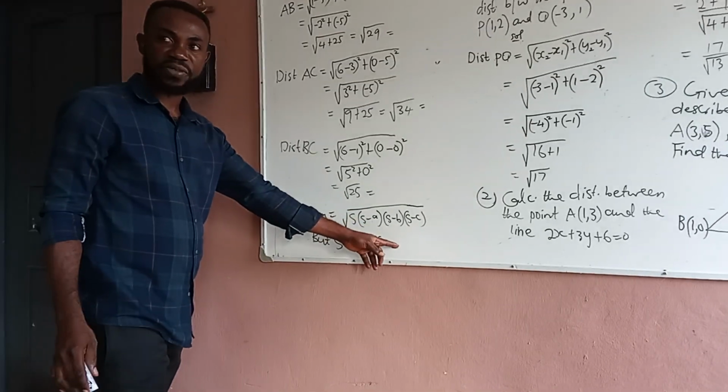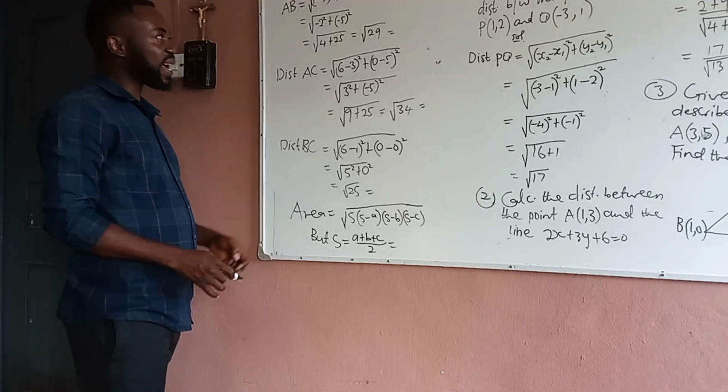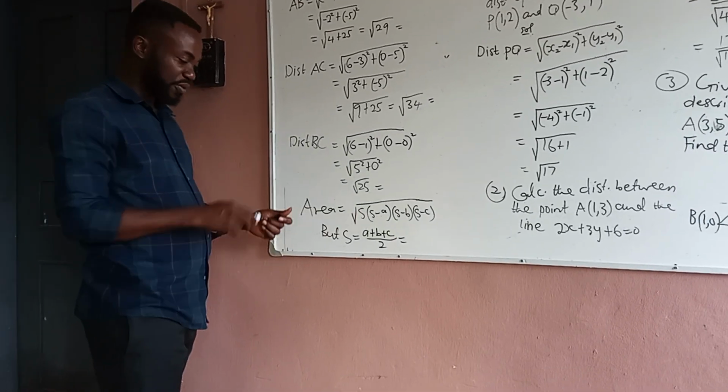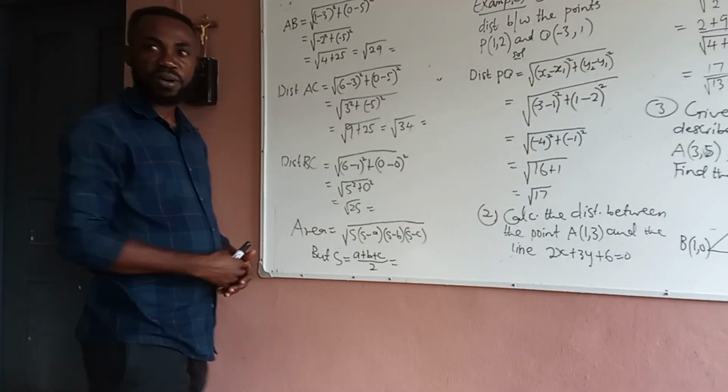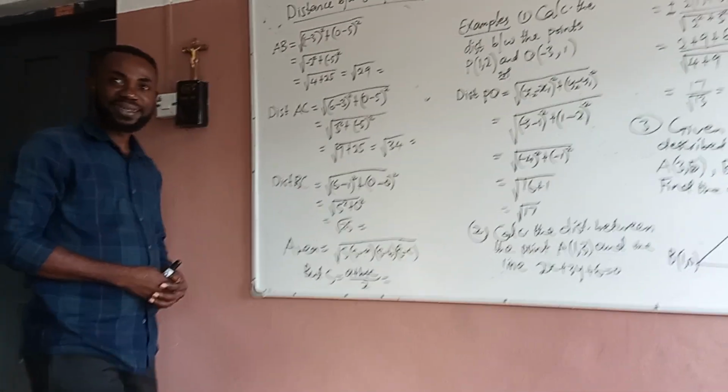Whatever result you get from here, you plug it into this and get the area of the triangle. I'm waiting for you to produce the result before I display mine.